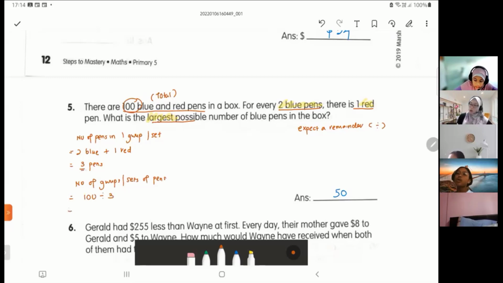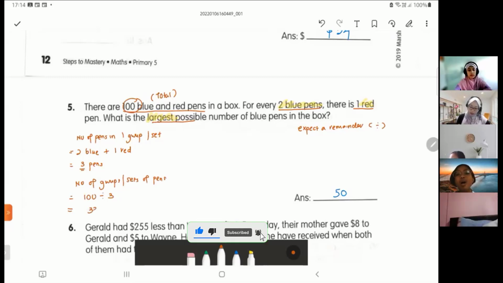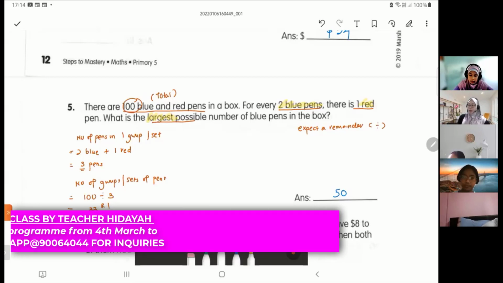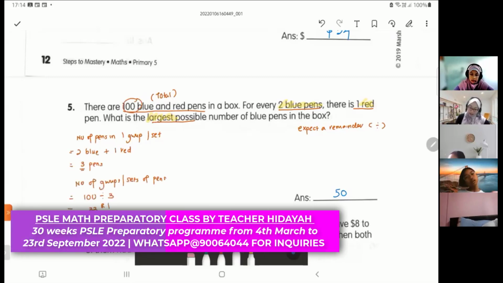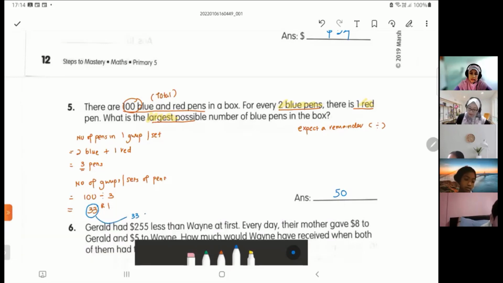This one equals, of course, there will be a remainder. 100 cannot divide by 3. Impossible. There will be a remainder. So there will be 33, remainder 1. Okay. So which means there are 33 groups. It means 33 groups of 3 pens.